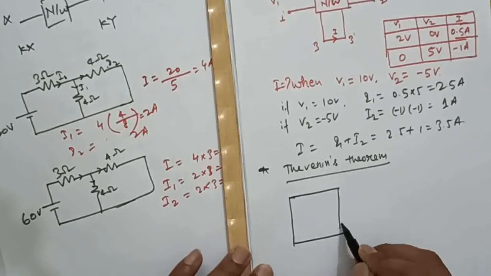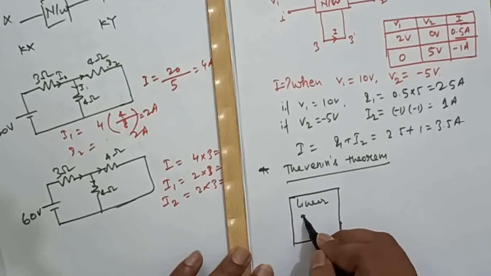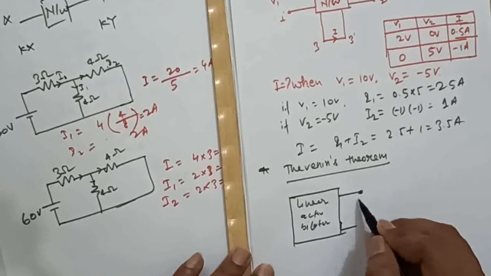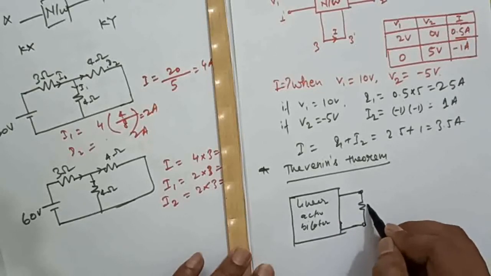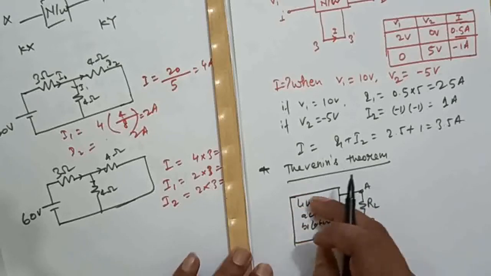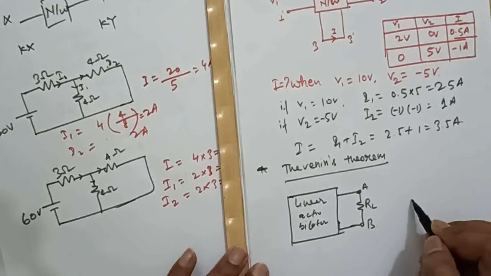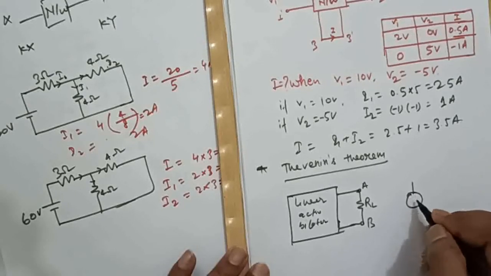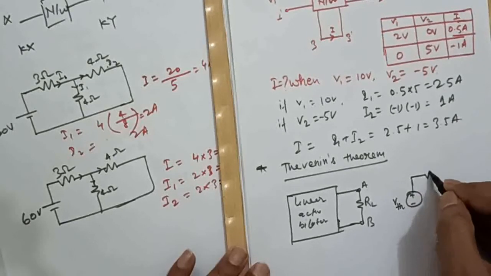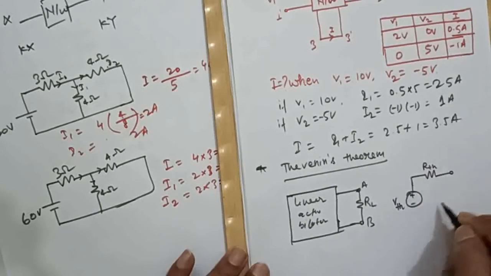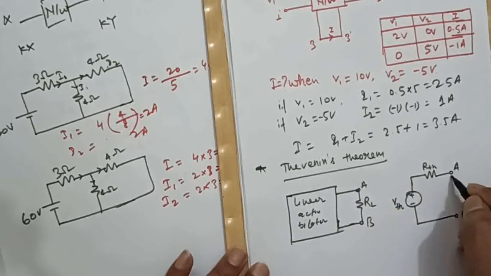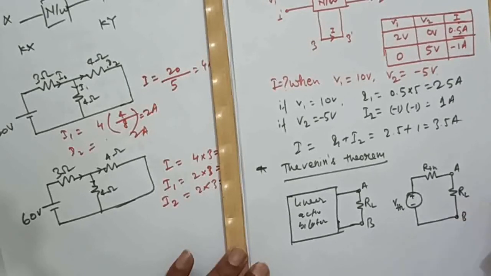Now see what it said. If this is a linear active bilateral circuit between these two terminals, this is RL say, then according to Thevenin's theorem, this network can be replaced by a voltage source having value VTH in series with a resistance RTH across the same targeted terminals A and B. This is RL, right?